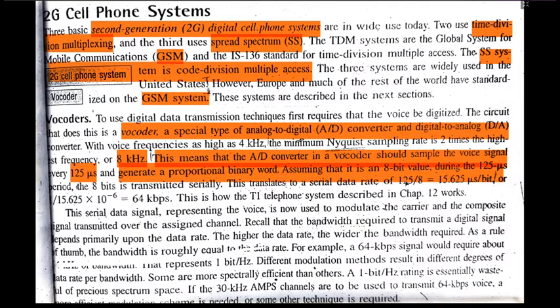I am dividing 125 by 8, because one binary word I am assuming has a length of 8 bits. So 125 microseconds divided by 8 is 15.625 microseconds per bit. Or I can take it as 1 over 15.625 into 10 to the power minus 6, which comes out to be 64 kbps, that is kilobits per second.